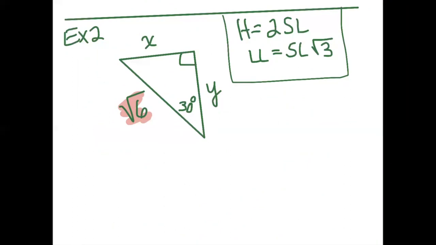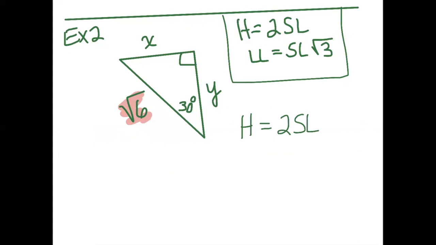So I'm going to start with my hypotenuse because that's the only formula that has the hypotenuse in it, right? This does not have the hypotenuse. So I'm going to use this one. And this also means that I can only find my short leg first. But once I have my short leg, it's easy.